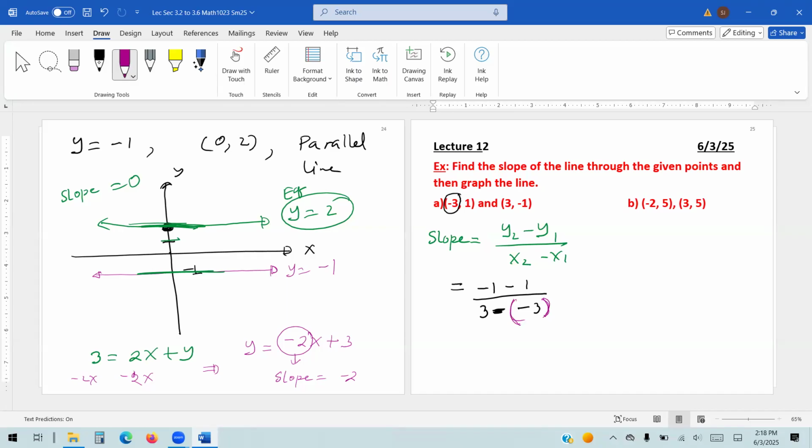So that's why it's a double negative, not one negative. Okay, so negative 1, negative 2. And what do you have in the denominator? 6. Negative 3. Is the answer negative 3?